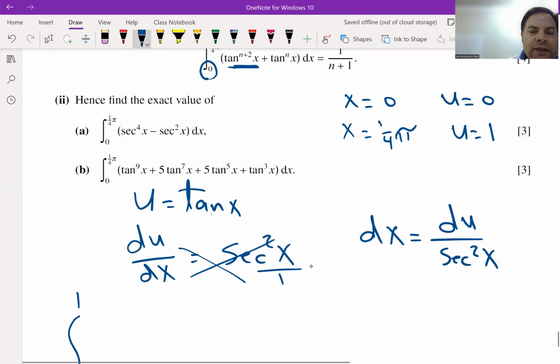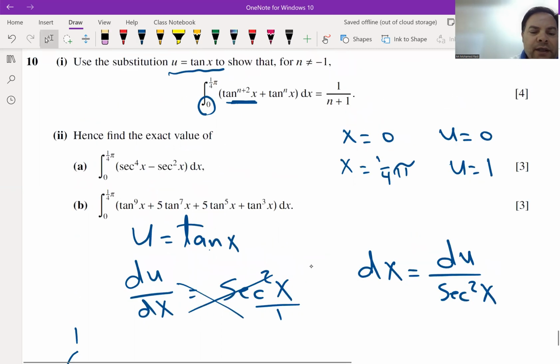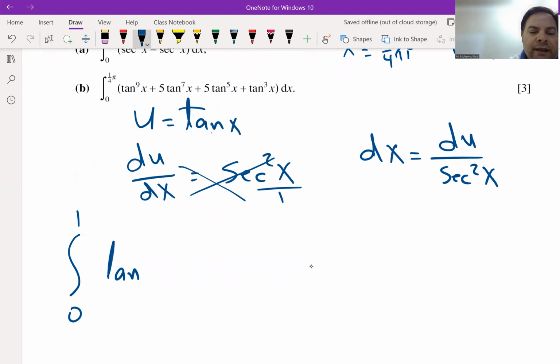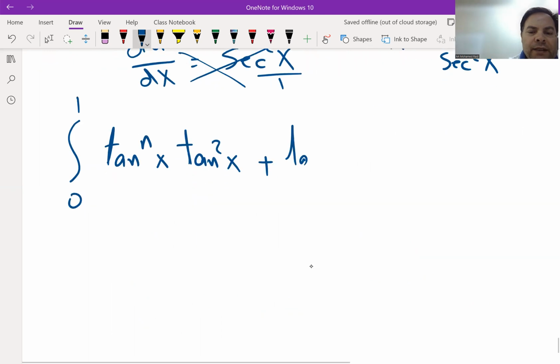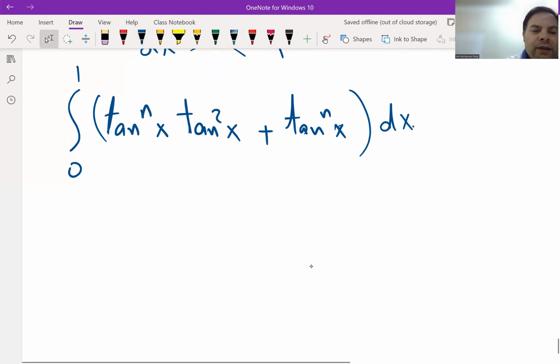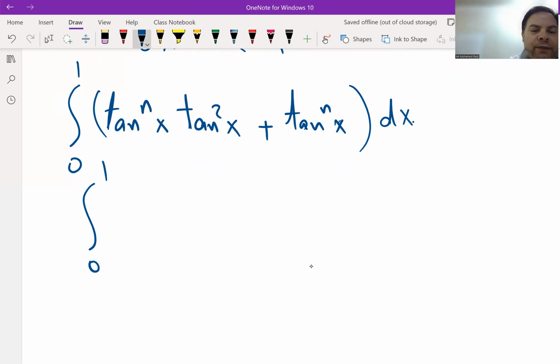By splitting, we get tan n x and tan squared x plus tan n x, tan power n x, all by dx, integrated from 0 to 1.